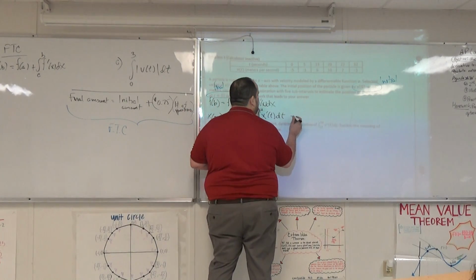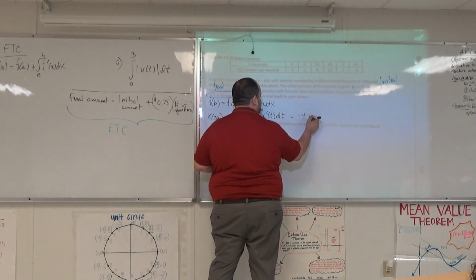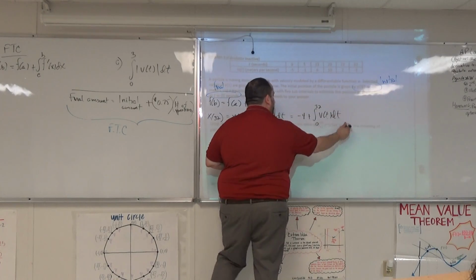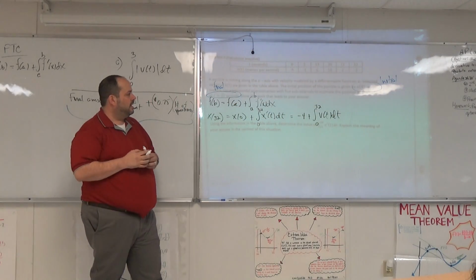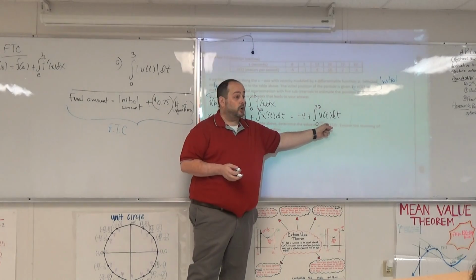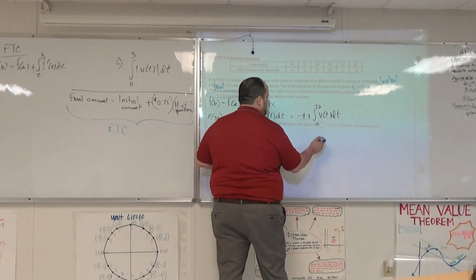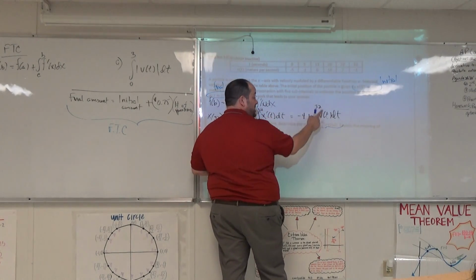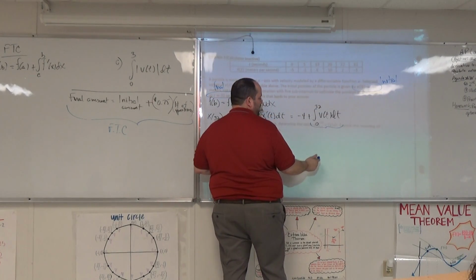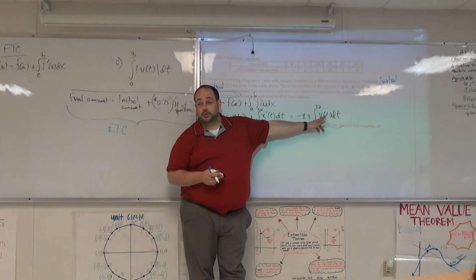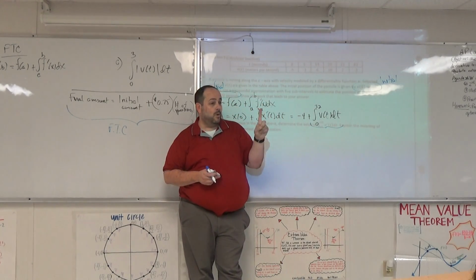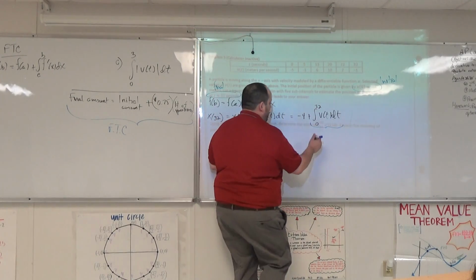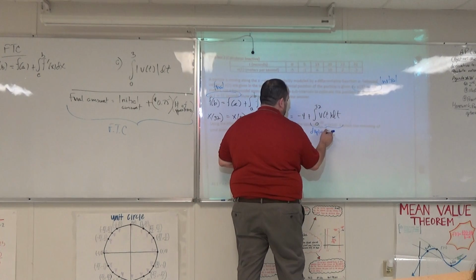So what I'm really asking you to do here is take your -4 plus the integral from 0 to 32 of v of t dt. What I want is area under a curve. Another way to express the integral from 0 to 32 of v of t dt, if I wanted one physics word to tell me what this is: displacement.